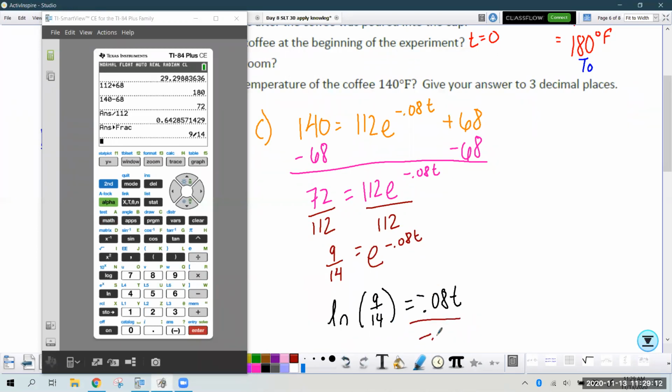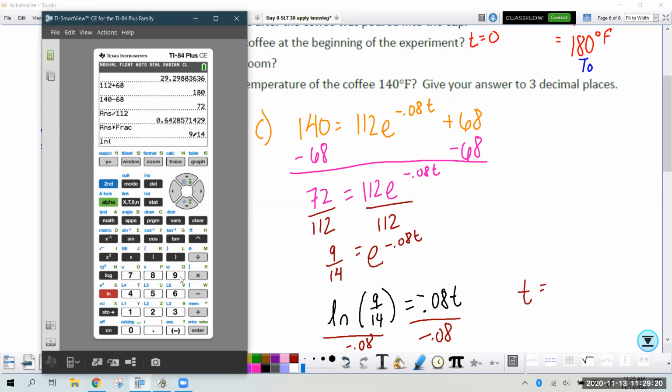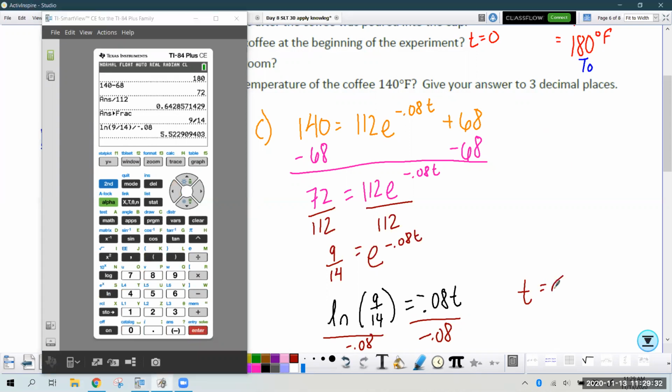And divide by negative 0.08. The t is 5.523 minutes.